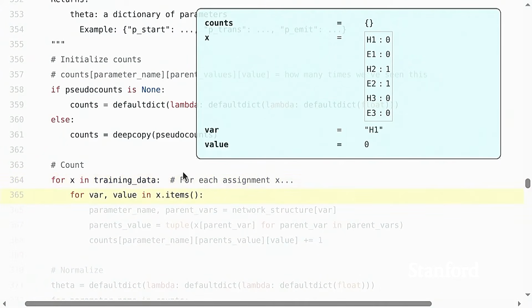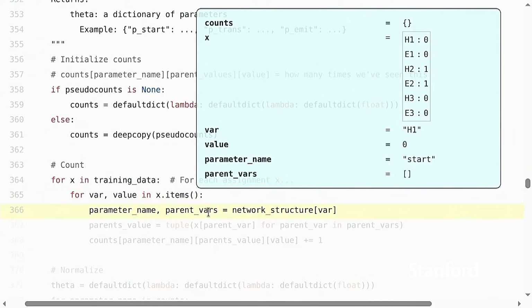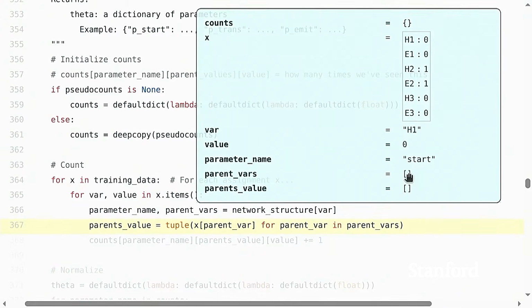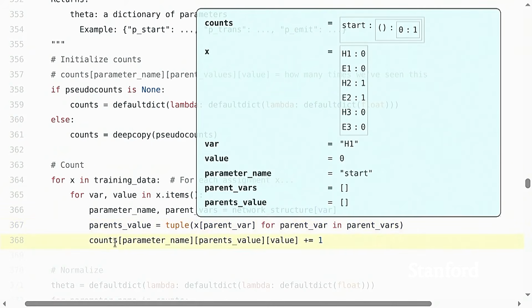For every variable that's assigned a particular value, here H1 is assigned 0, I look up the network structure to see who my parents are and what parameter I'm using. Then I can access the assignment, indexing the parent variables to get the value of the parents. Here there are no parents, so the parents' value is also empty. And then I increment the counts.